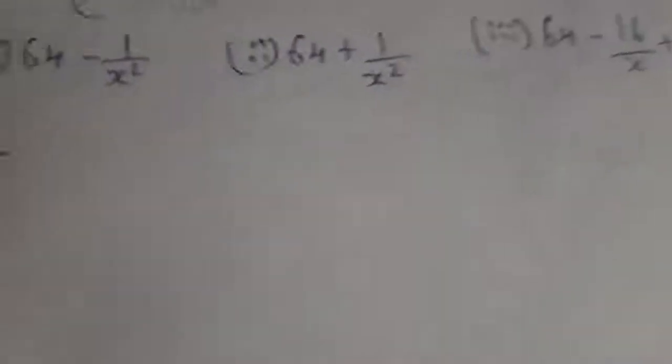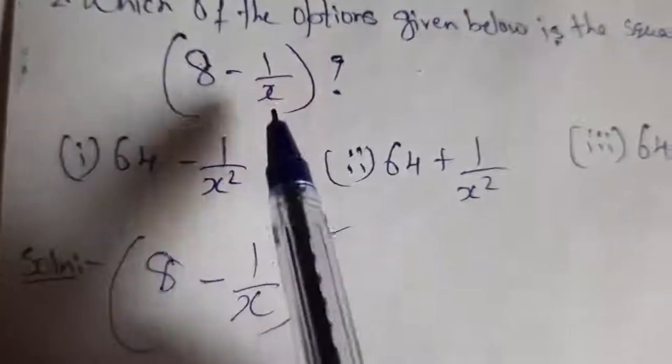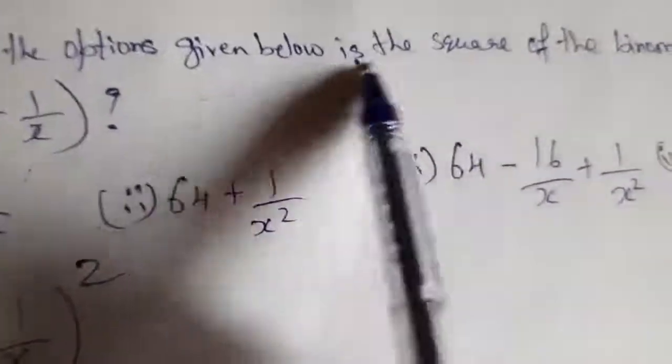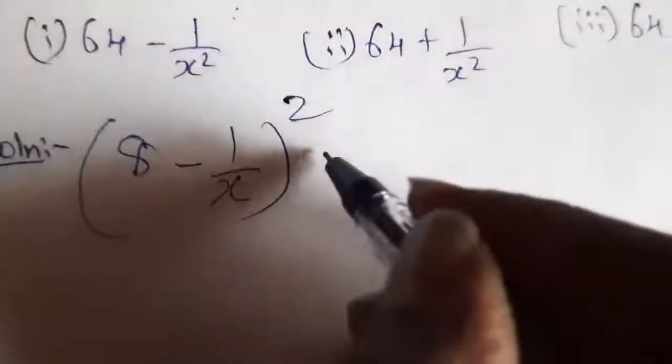So let's find out which one is actually the right one. So (8 - 1/x) the whole square. Because they have not given us the square, we have to do it, because they are asking for the square of the binomial. So this is a binomial and we have to do the square.